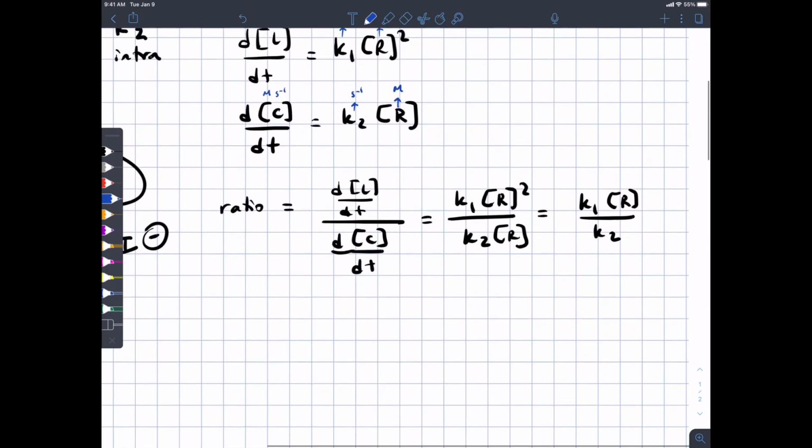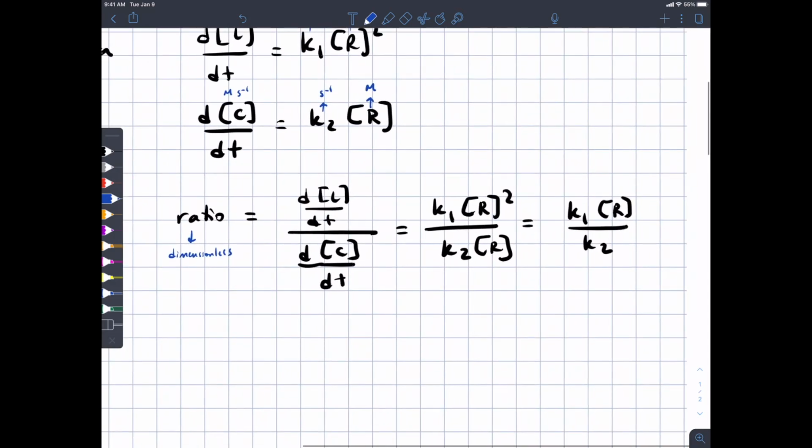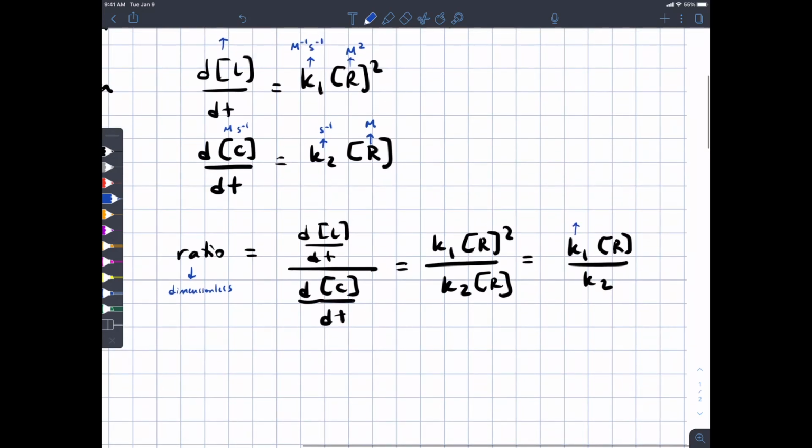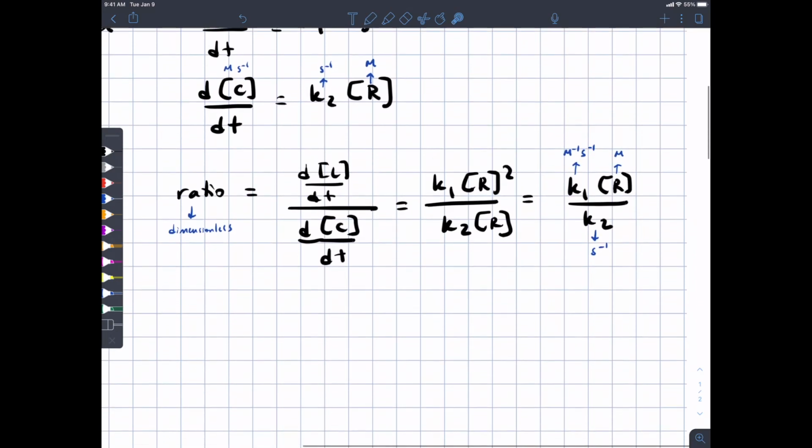Now let's see whether this works out. A ratio should be dimensionless, meaning no units. So if K1 is in units of per molar per second, K2 is in units of per second, and R is in units of molar, all of our units cancel out and we're good to go.